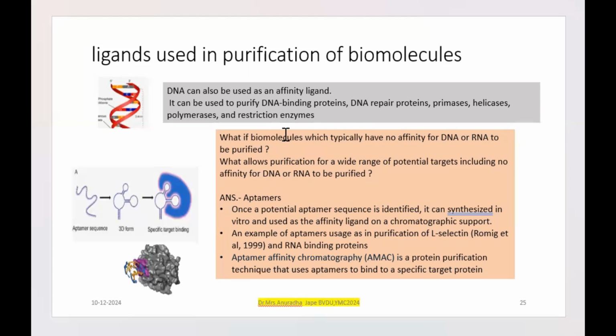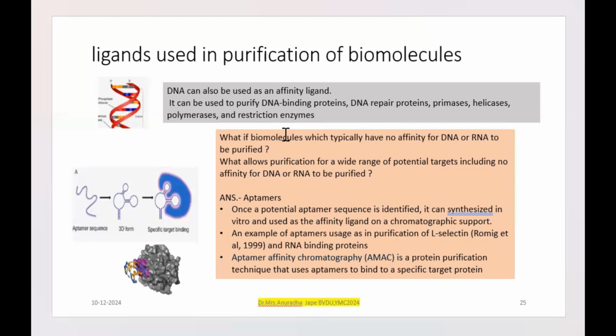So DNA repair proteins and other proteins, say, which interact with DNA in some way or the other, like ligases, for example, or primases, or maybe those which change its topography, unwind it, helicases. They have these sites to interact with the DNA, so they can be used.